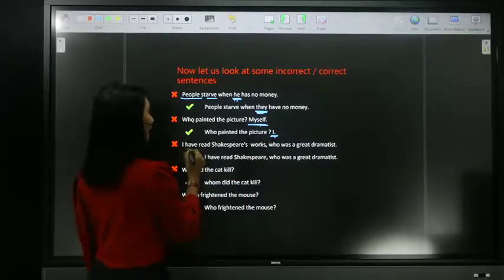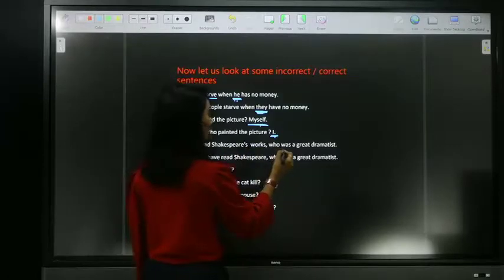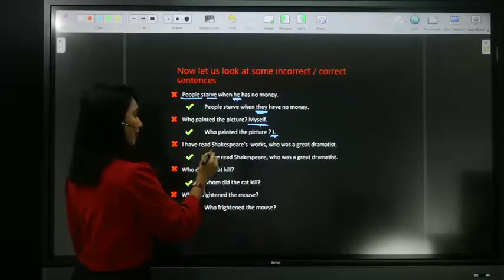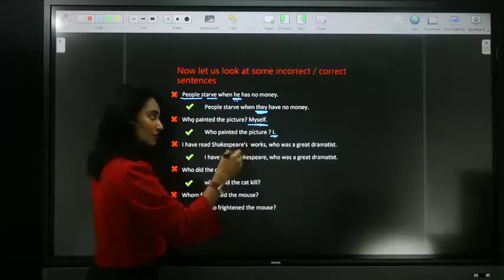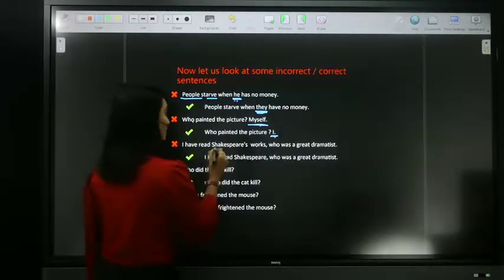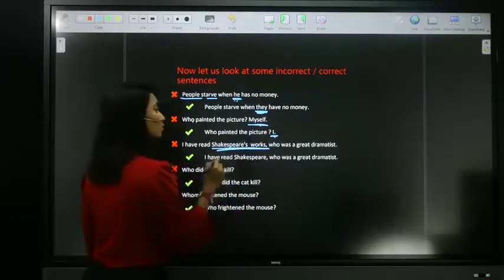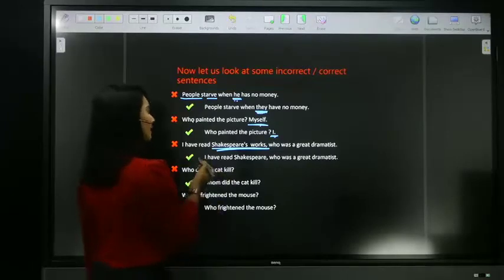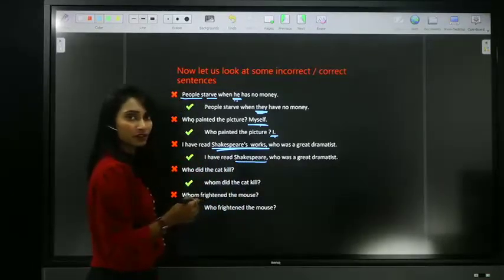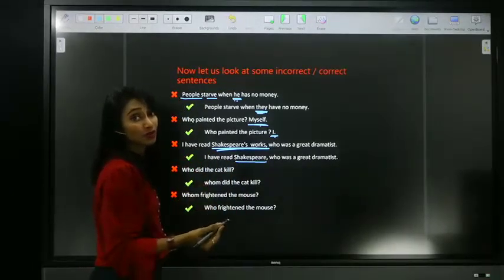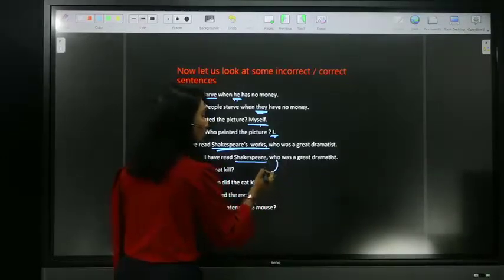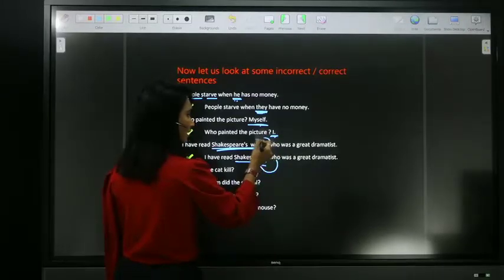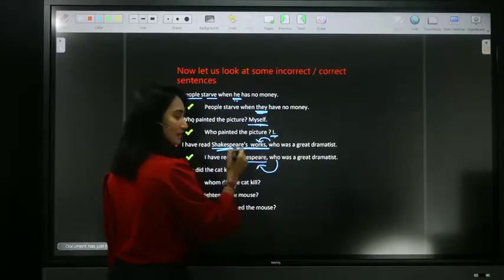Look at this. I have read Shakespeare's works, who was a great dramatist. See, you cannot use who for Shakespeare's works, even though he's a living being. You can say, I have read Shakespeare, or I have read books of Shakespeare, because who works now? See, the subject of the relative pronoun is its antecedent. The antecedent is works.